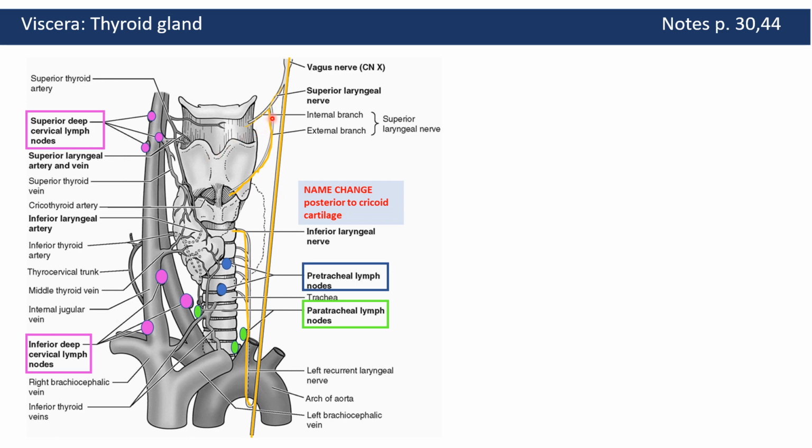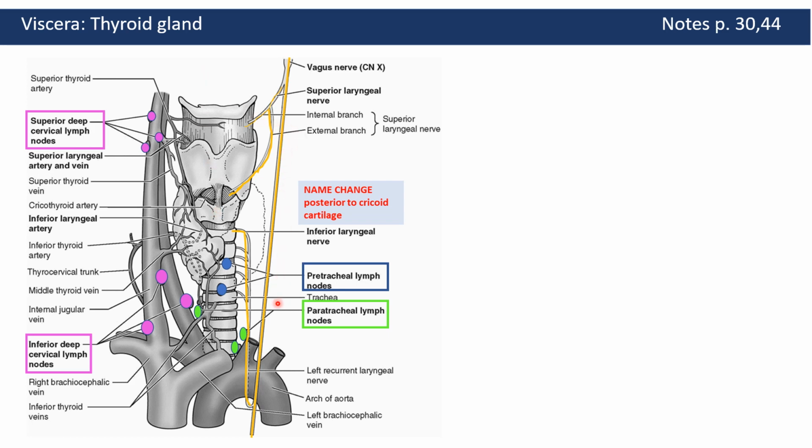The external laryngeal branch is a motor branch as opposed to a sensory branch, and it innervates a small muscle here between the thyroid cartilage and the cricoid cartilage, called the cricothyroid muscle. Its action pulls on the thyroid cartilage, tilting it anteriorly so you could, for instance, hit a high note.